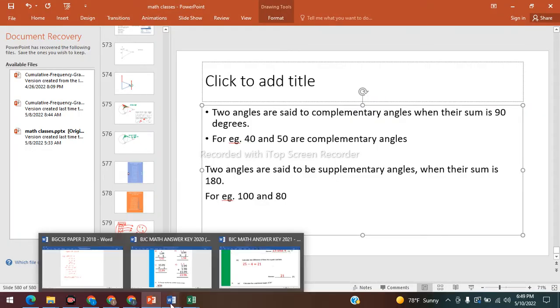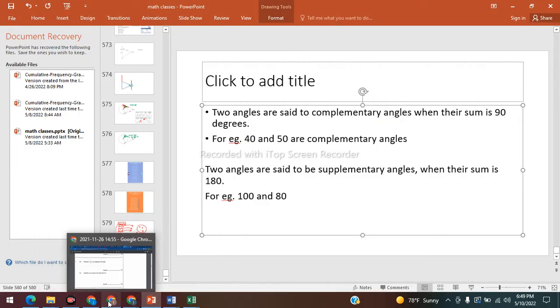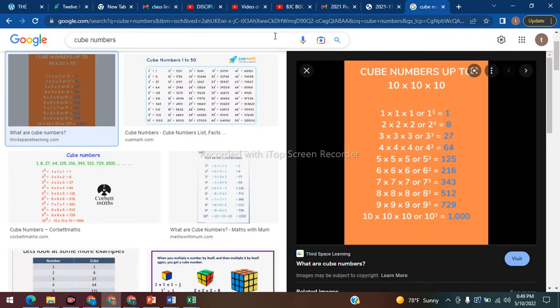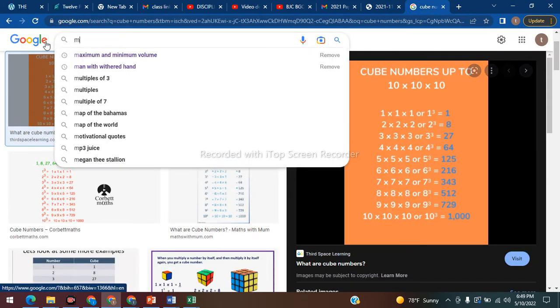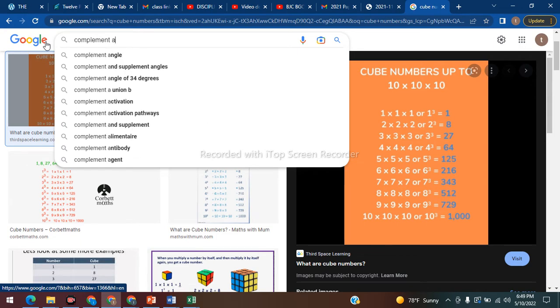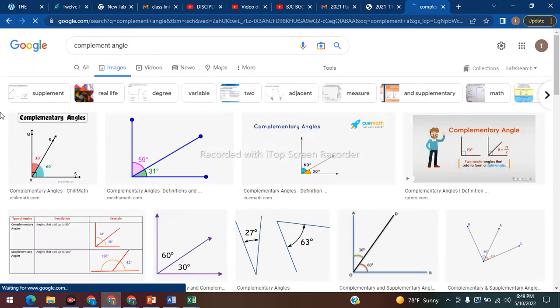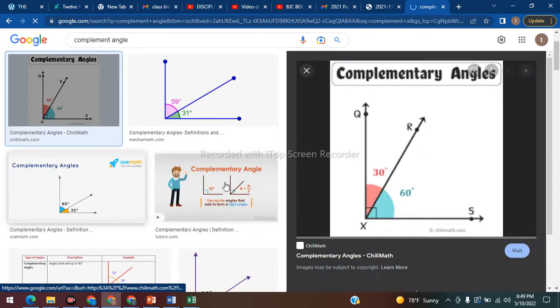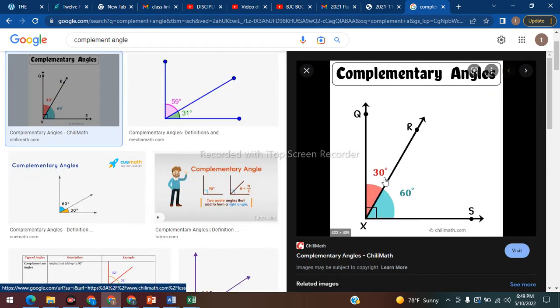So just for definition purposes, we can say complementary angles, for example, 60 and 30.